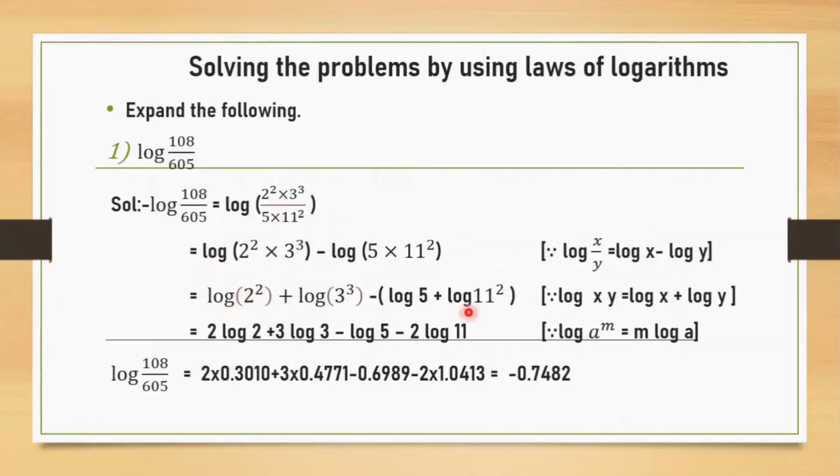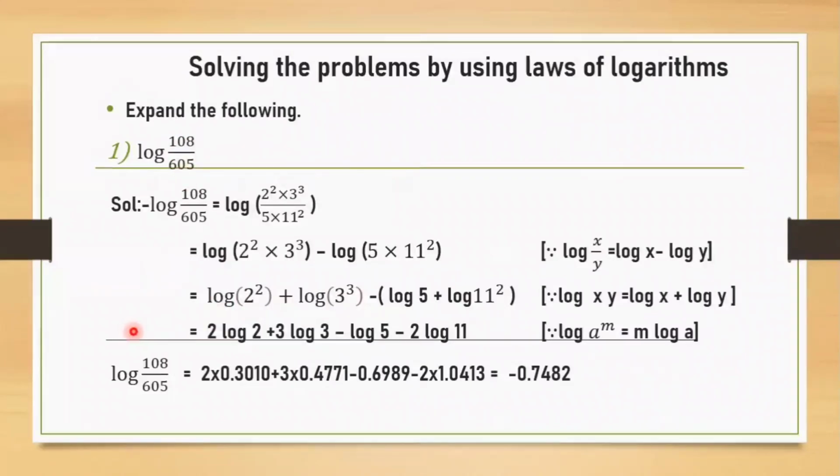Next, compare it with that law of logarithm, log of a power. Here we use the power rule of logarithms. After writing it, we get 2 into log 2 plus 3 into log 3 minus log 5 minus 2 log 11 using this law. So it is the expanded form of log of 108 by 605.